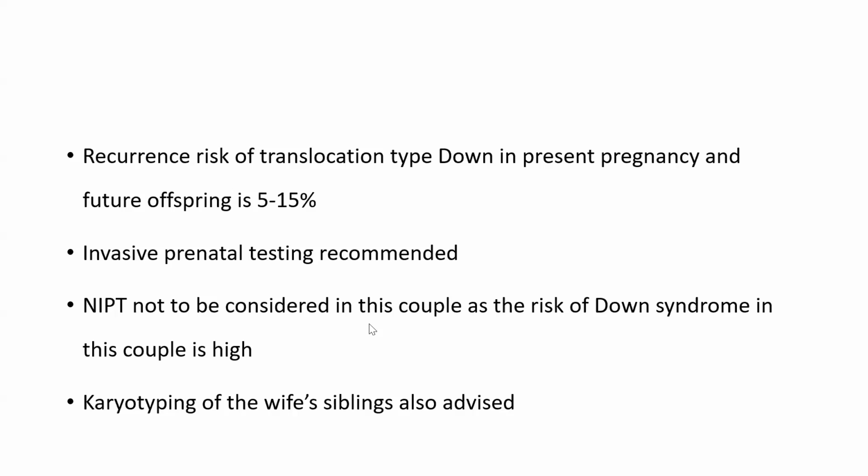The recurrence risk of translocation type Down syndrome in the present pregnancy and future offspring is 5 to 15%. Invasive prenatal testing is recommended because the risk is quite high, and NIPT should not be considered in this couple. We should also recommend karyotyping of the wife's sibling, because they are also having 3 recurrent miscarriages.